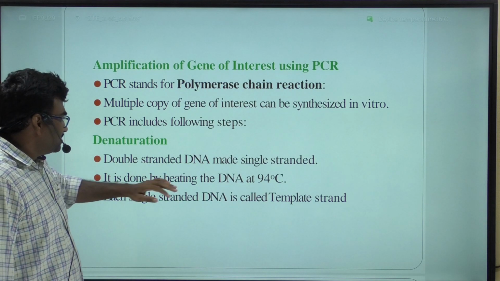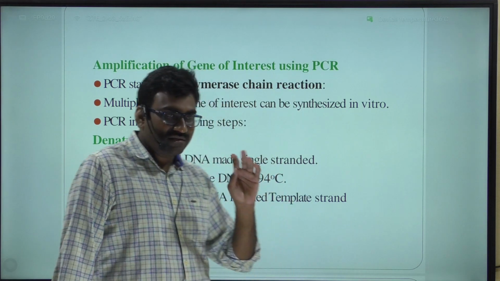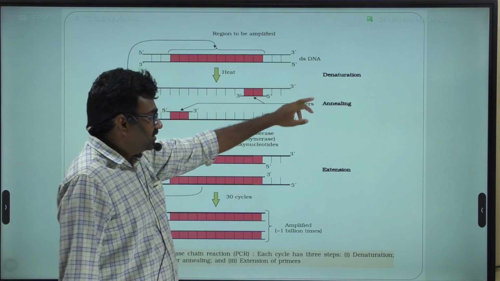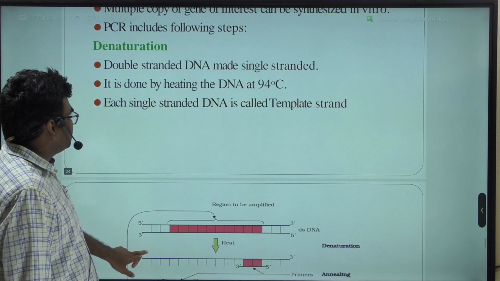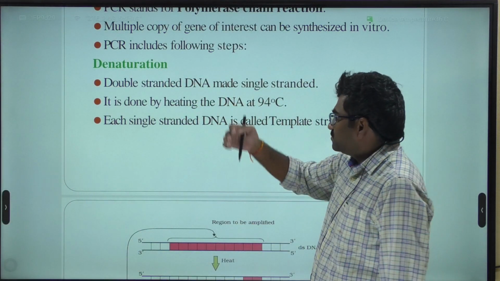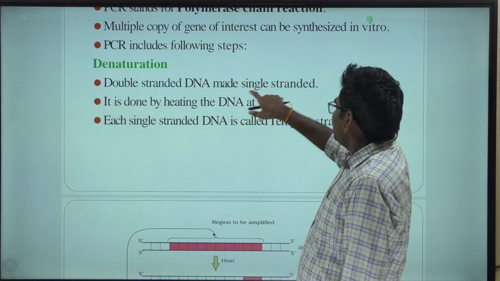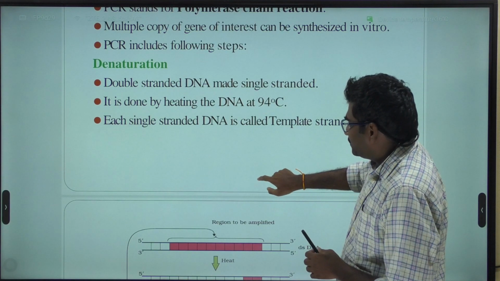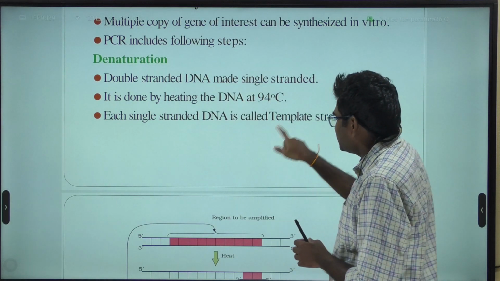So PCR includes the following steps: denaturation, annealing, extension. These are the three steps in a PCR machine. First, denaturation. When this gene of interest, that is double stranded DNA, is exposed to high temperature, it is made single stranded. If you expose the double stranded DNA to heat, that is heating at 94 degrees centigrade, each single stranded DNA is called a template strand.